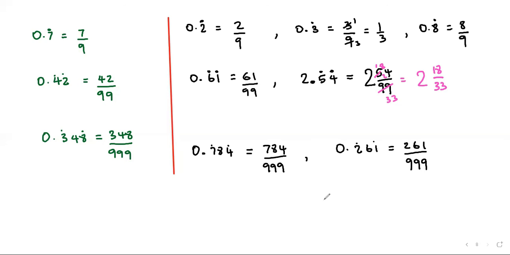Have you understood that, everyone? Yes. Okay. So if you have, let's say, 6.471 repeating, it means that you are going to have 6 and 471 out of 3 nines, 999. I hope that is very well understood.